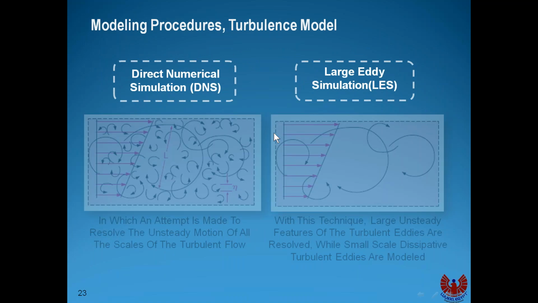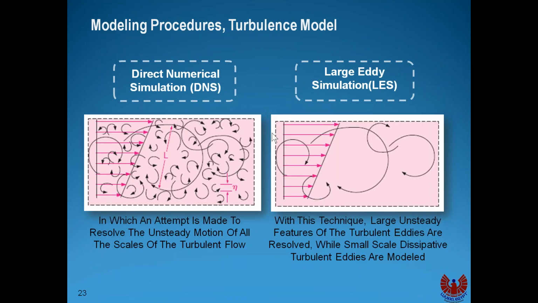In our case, we have to define the turbulence model. The turbulence model is a model that enables us to solve the turbulent intensities inside the flow. And in our case, we will use two types of turbulence model, the direct numerical simulation and the large eddy simulation, and we try to compare them.